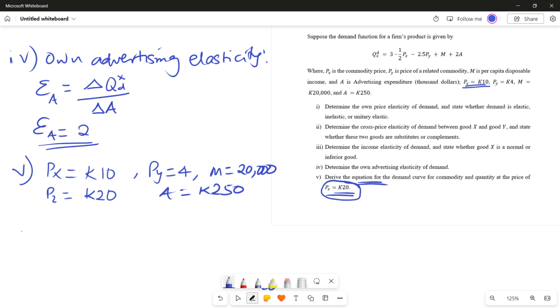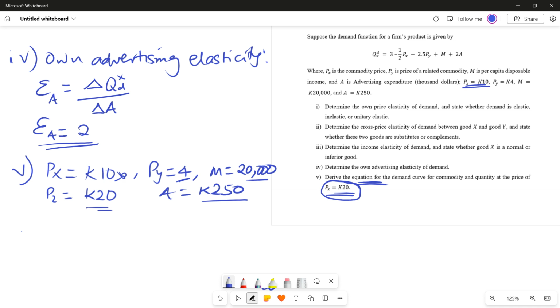Practically this question is asking us, given that the price is now 20, and py is still as it was, 4, and m is 20,000, advertising expenditure is 250, how many units of x can be bought at such conditions?